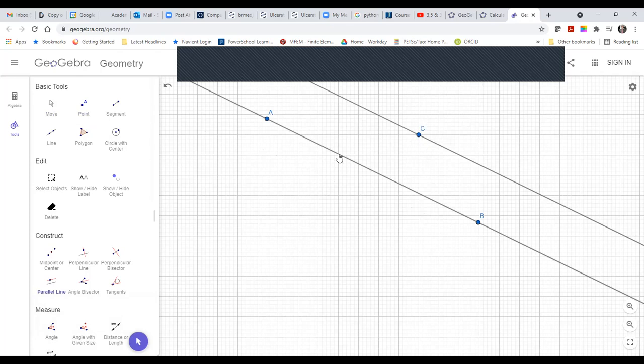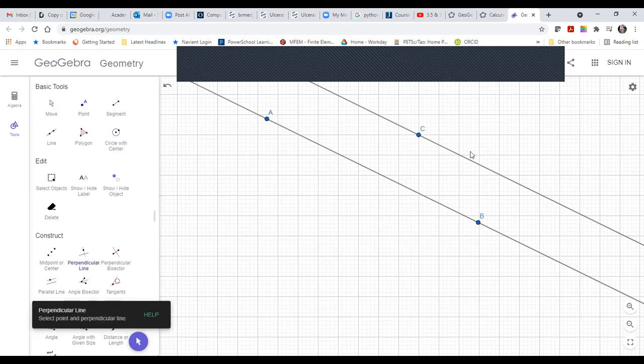So this is the parallel postulate, right? And then the second one is the perpendicular postulate. So you can only draw one perpendicular line through C perpendicular to the, you can see this is line AB.